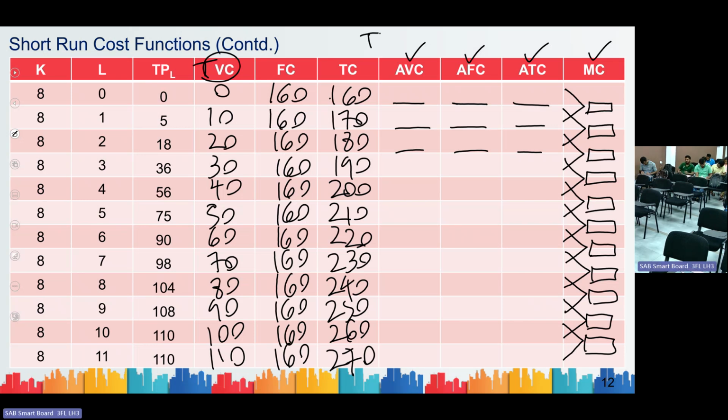AVC is TVC divided by Q. You have to divide TVC by Q, which is TPL, not by L. AFC, you have to divide FC or TFC by Q. ATC, you have to divide total cost TC by Q. MC is change in total cost divided by change in Q. Also, you can calculate MC by changing total variable cost by changing Q. Both approaches will give the same answer.